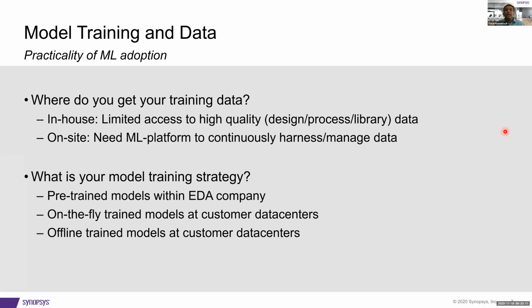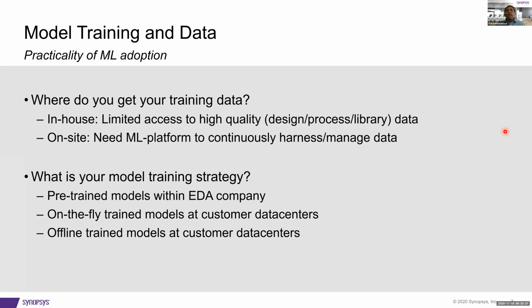There's still a lot of data that is proprietary. We cannot see it or touch it, and that makes it tricky, because if you're training models with the data we have access to, you don't really have all the design process and library data, especially the latest generation. Typically the access we have is half a generation or one generation behind. So we are close, but not quite there.